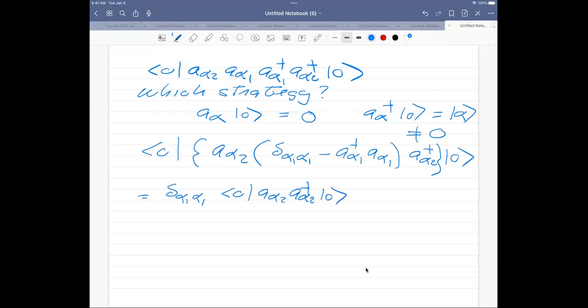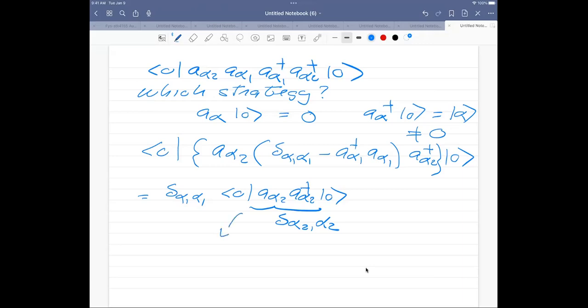And clearly in that case, this term which you see here is also equal to delta alpha 2 of alpha 2. But you can show that with the anti-commutation rules.